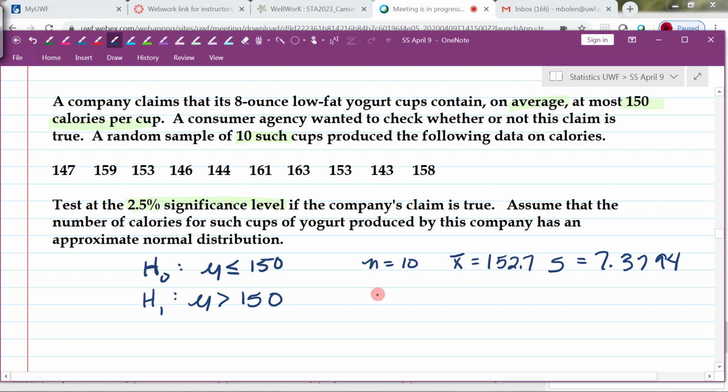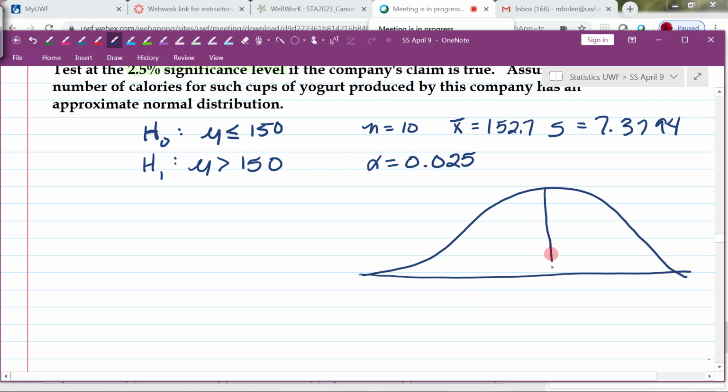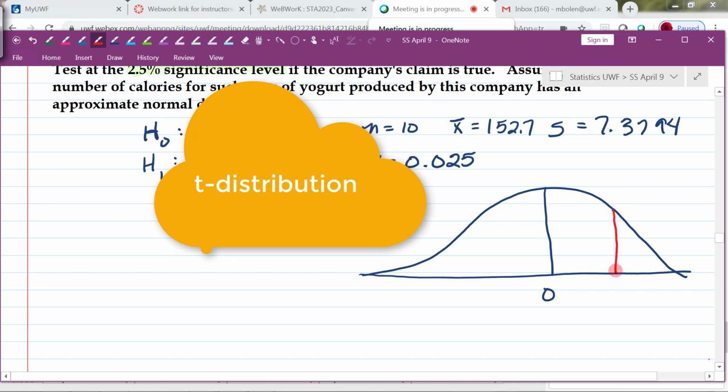So now let's look at our alpha. Our alpha is going to be equal to 0.025. And let's get our picture drawn for our situation. In the center is our mean. Our critical value is going to be right here, Z star.